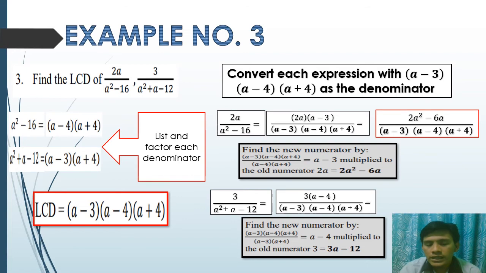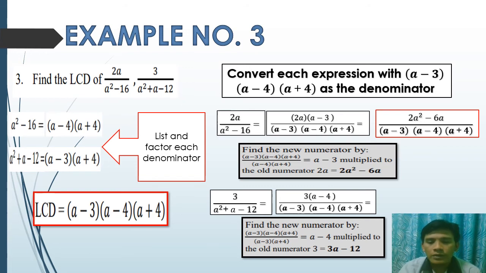So our LCD will be divided by a minus 3, a plus 4. a minus 3 divided by a minus 3 is equal to 1, so it cancels out. a plus 4 divided by a plus 4 is equal to 1, and that cancels out. The remaining is a minus 4.